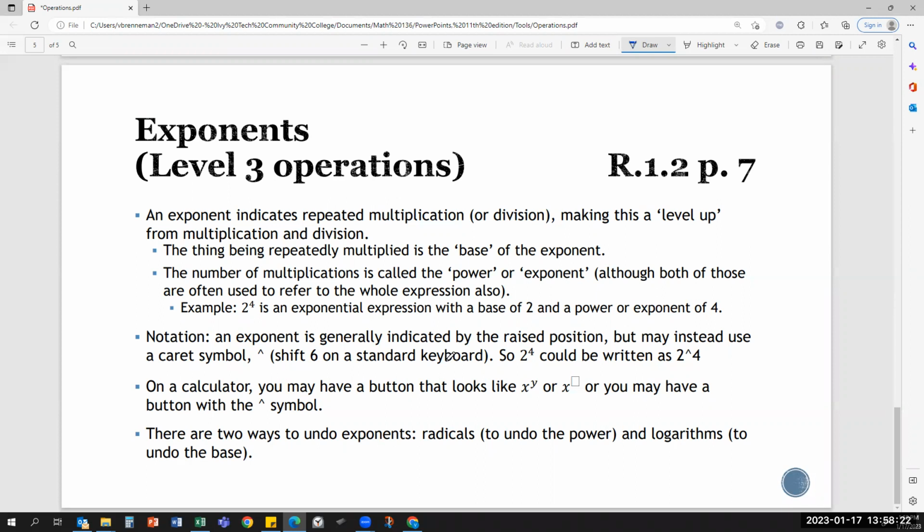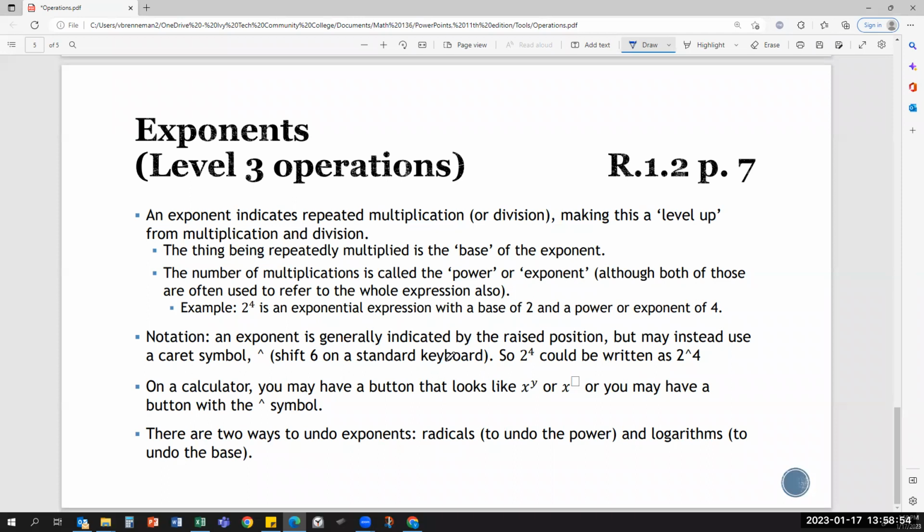Exponent is generally indicated by that raised position, but if you aren't able to do the raised position, we use the caret symbol. So that's that sort of up arrow. It's the shift on your 6 button on a standard keyboard. So 2 to the 4th power, you could write as 2 and then the 4 in the raised position, or you could write 2 caret 4. On your calculator, your button may look like that caret symbol, or you may have an X to the Y or X to the box with that raised position.